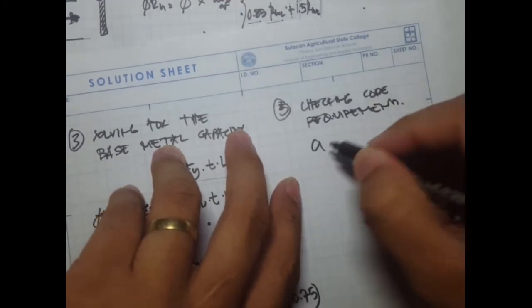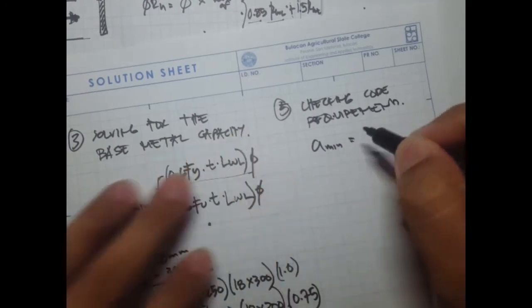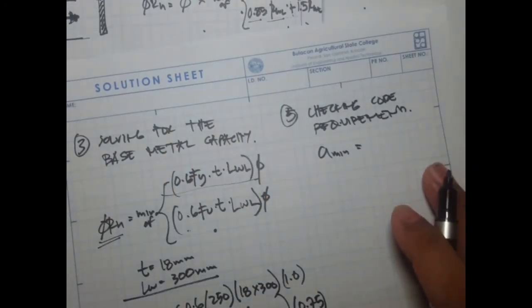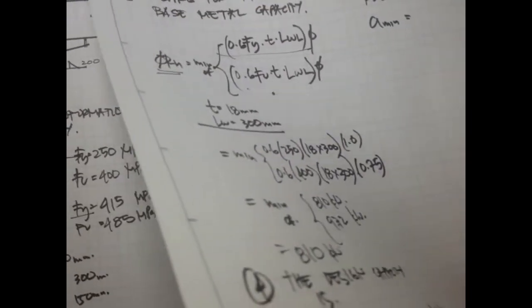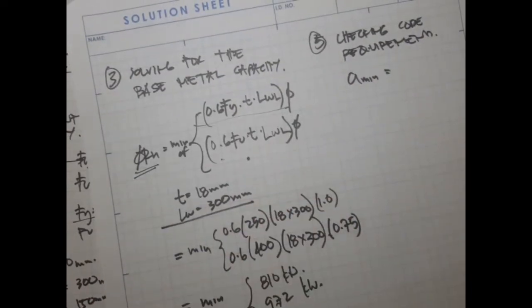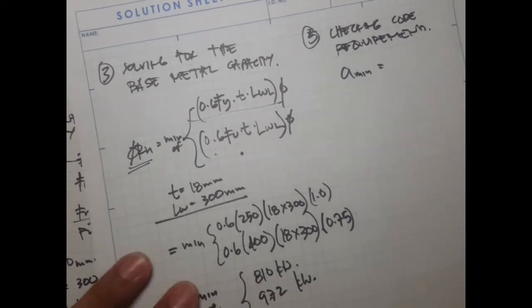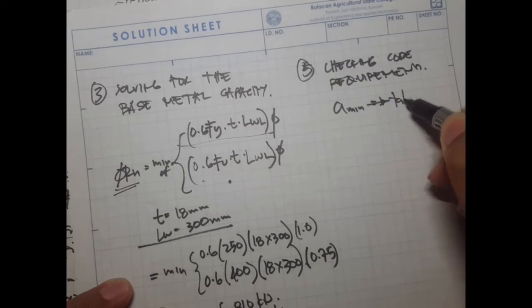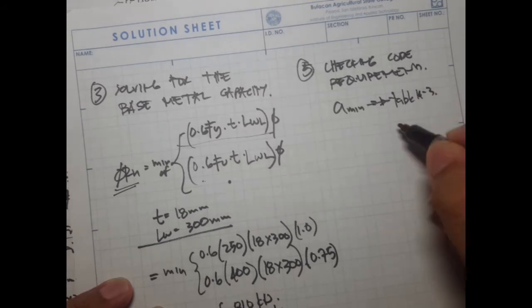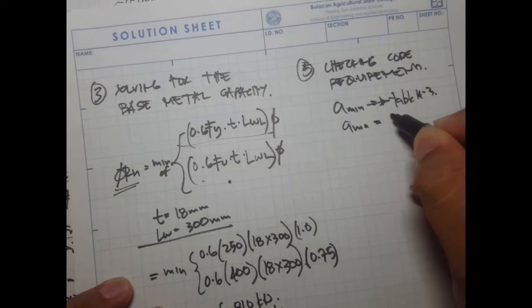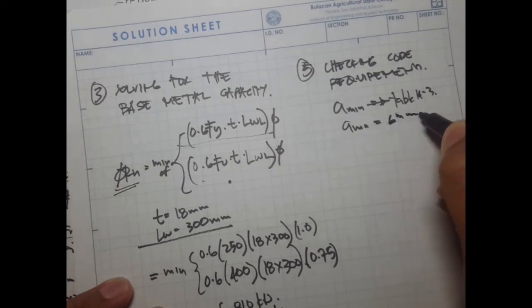Okay, so our A min, since our thickness is 18 mm, you can just refer to table 14-3. That's 6 mm. A min is equal to 6 mm.